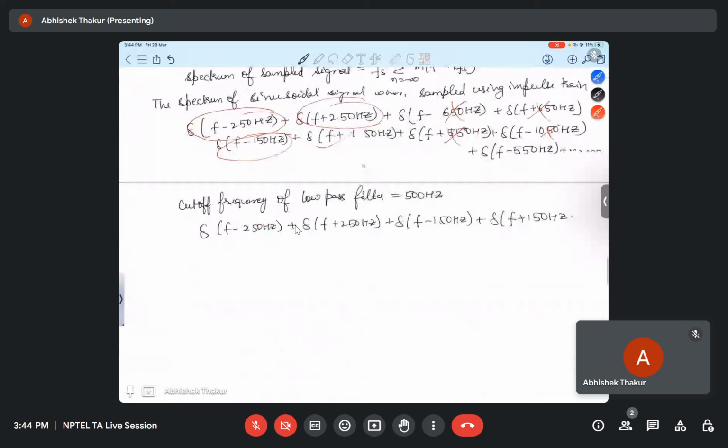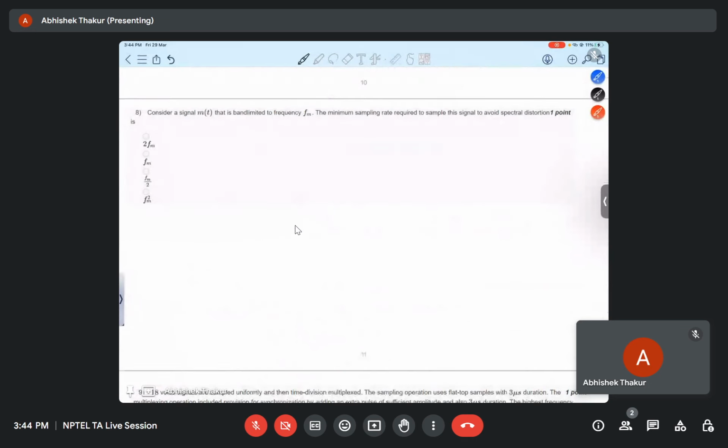So now we'll move on to question number 8. It is asking: consider a message signal m(t) that is band limited to frequency Fm. The minimum sampling rate required to sample this signal to avoid spectral distortion is?